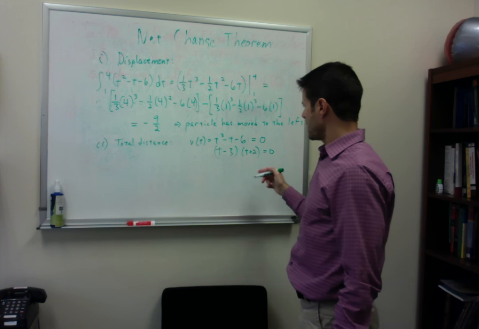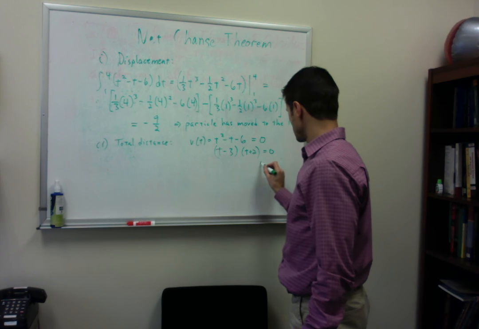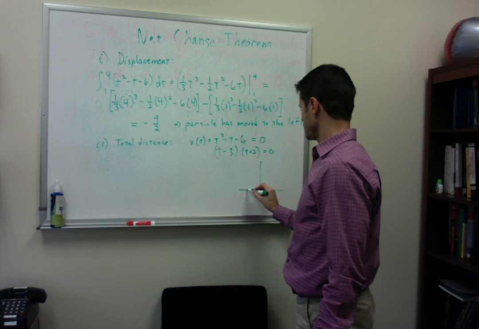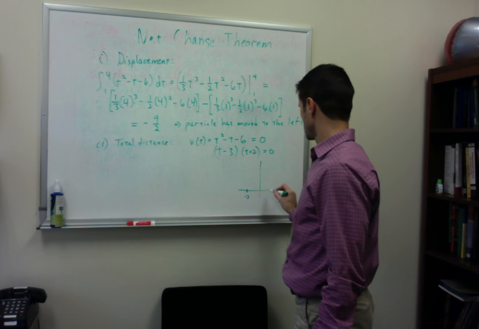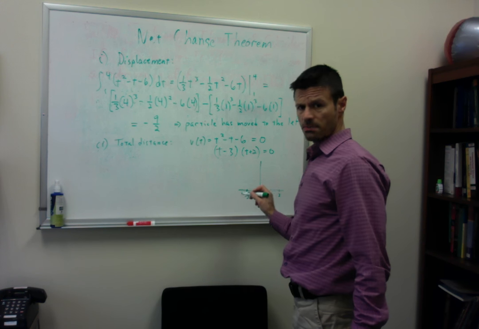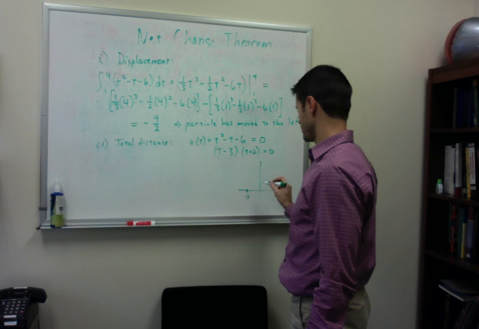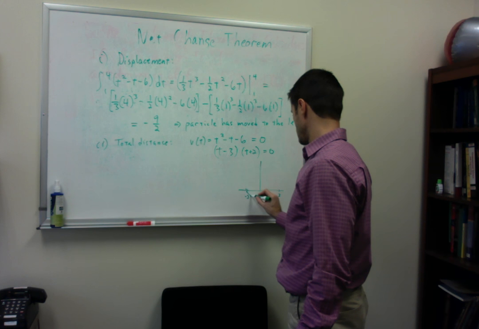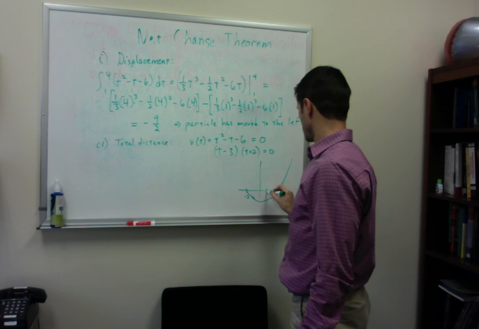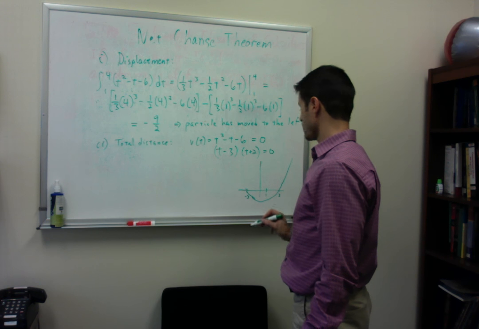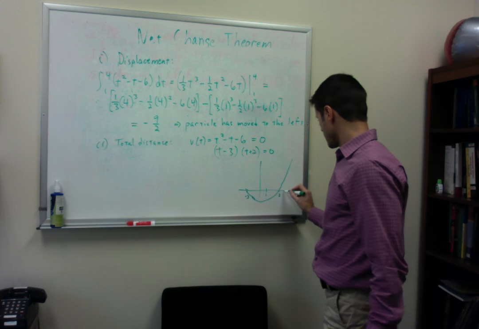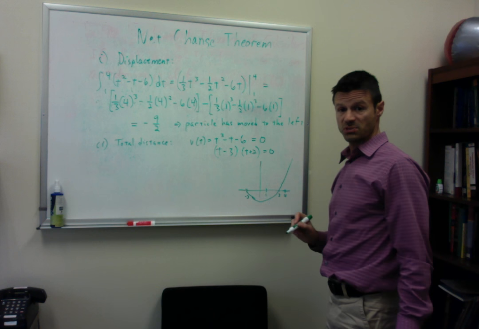If we were to plot this function, we have a root at minus 2, a root at 3, and I know this is concave up because of the positive coefficient on t squared. So between 1 and 3, v of t is negative, but between 3 and 4, v of t is positive.